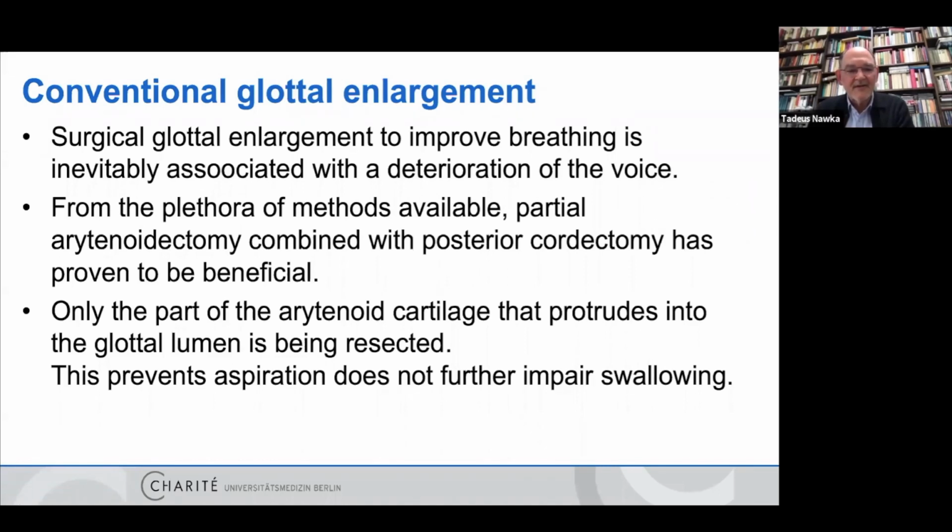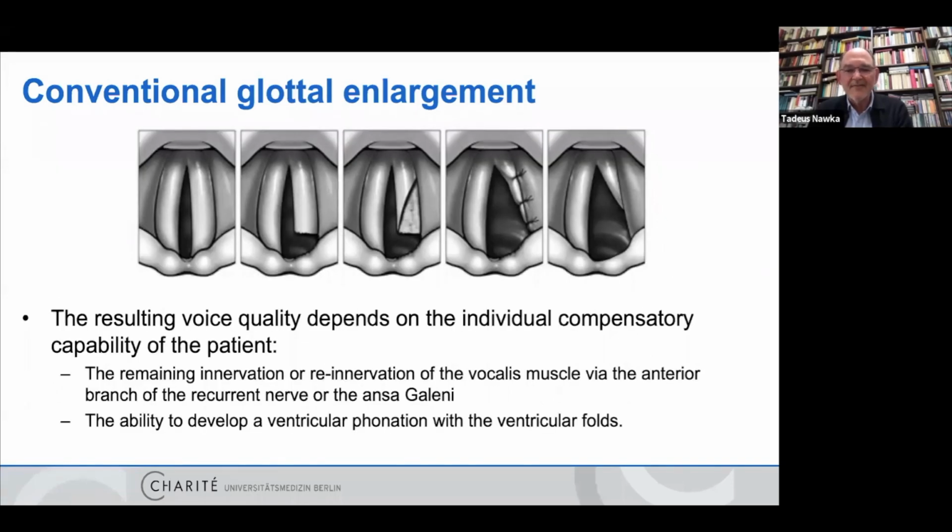We take only the part of the arytenoid cartilage that protrudes into the glottal lumen, and we prevent aspiration by this method. Here is a picture that shows you the procedure as a graph, and the resulting voice quality depends on the compensatory capability.